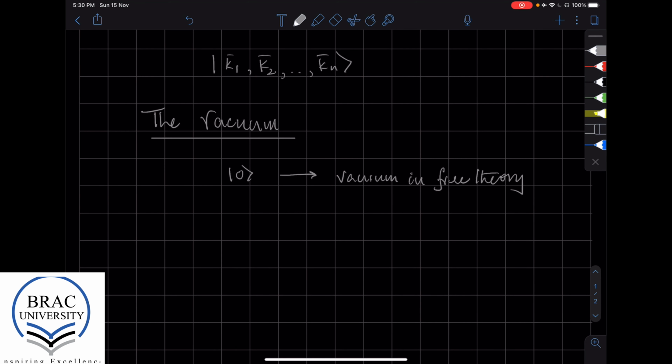So this vacuum is an eigenstate of the Hamiltonian with 0 energy and 0 particles.